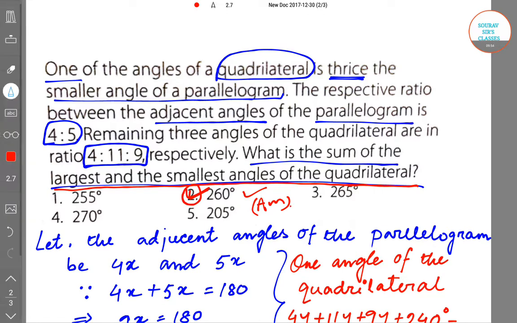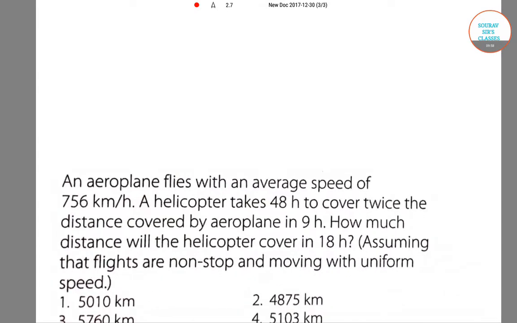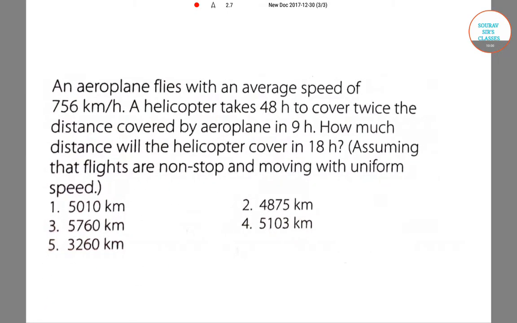Now let's go to our next question. Okay, so here is our next question, and the question is, an aeroplane flies with an average speed of 756 km per hour. So the average speed of the aeroplane is given, which is 756 km per hour.